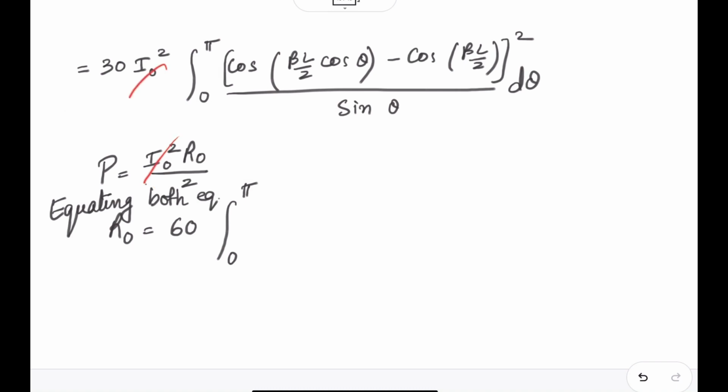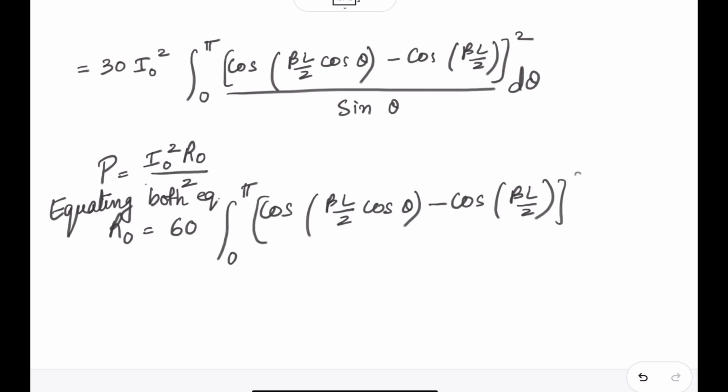So I naught will get cancelled, this 2 will come over here, 60 into the other terms. So this can be written as cos of beta L by 2 cos theta minus cos of beta L by 2 the whole square divided by sin theta into d theta.